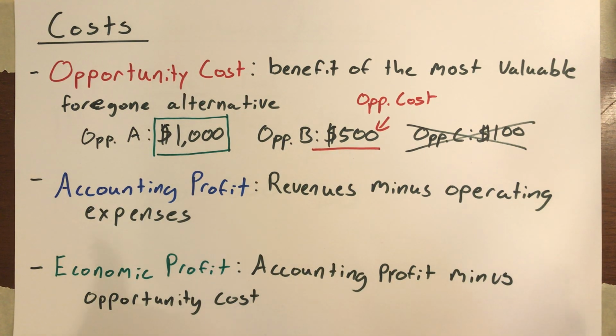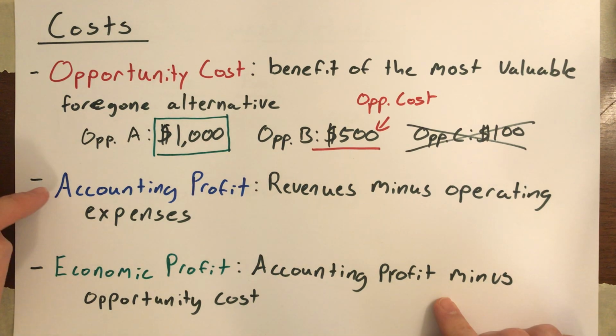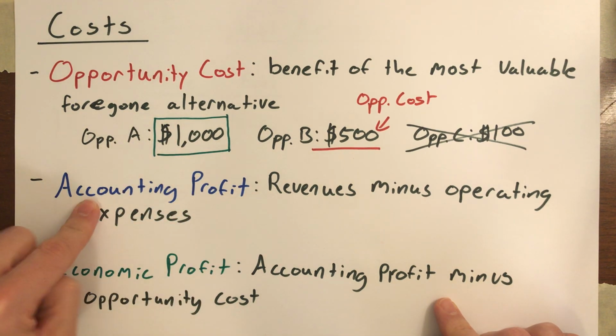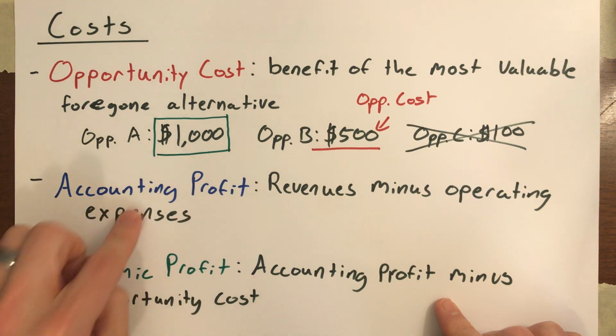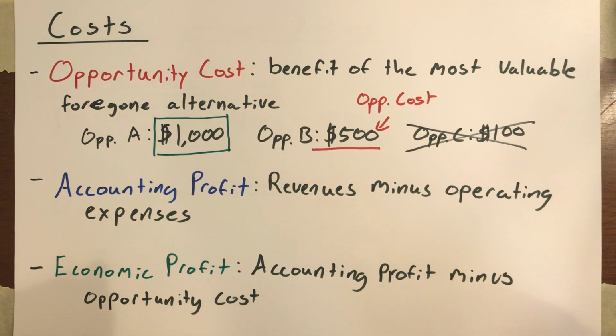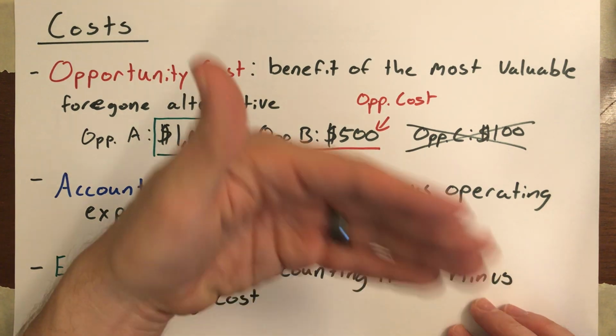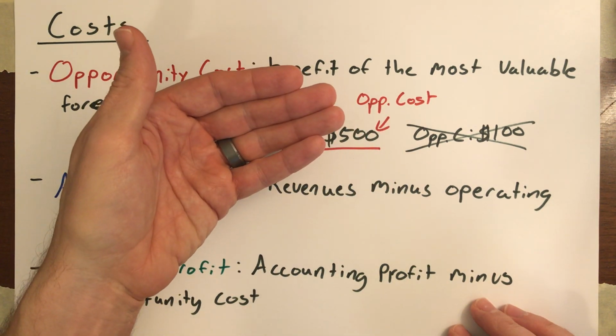And then finally, if you're earning negative economic profits, that doesn't necessarily mean that you're losing money on your business. You could have accounting profits of $1 million a year, but still have negative economic profits if doing something else would earn you $2 million a year.